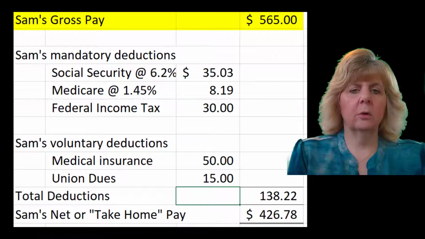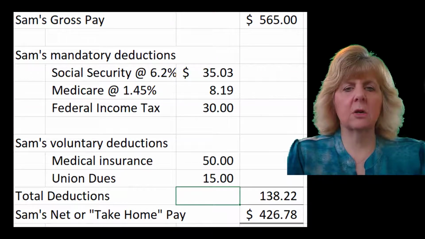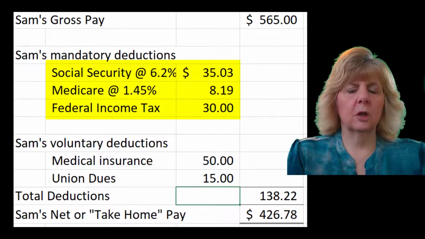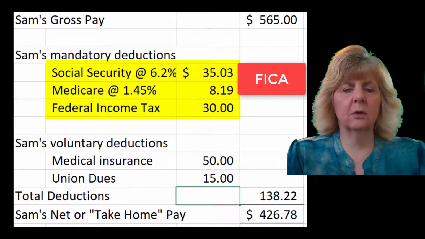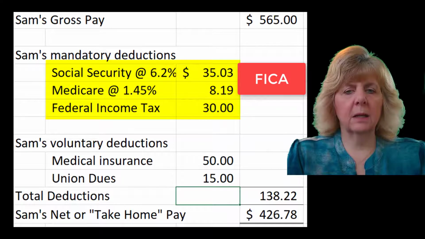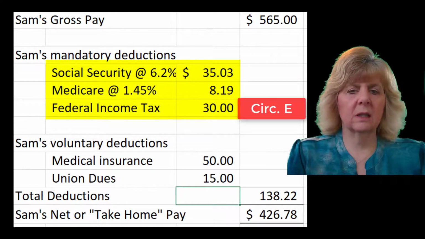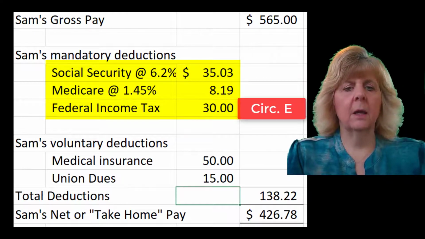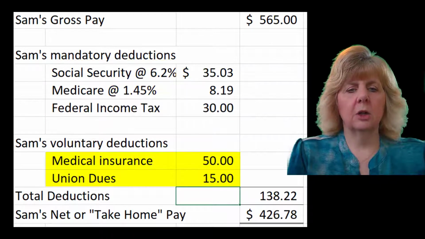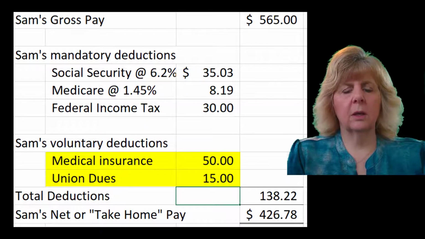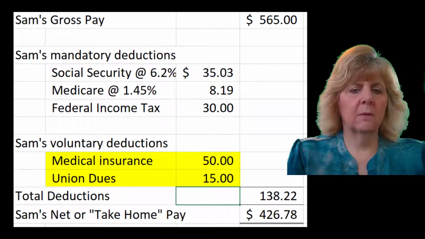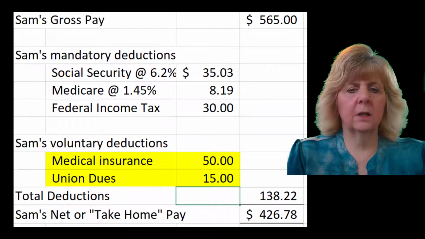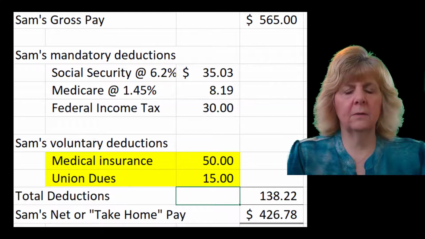We then went through and computed 3 mandatory deductions: Social Security at 6.2% of his gross, Medicare at 1.45% of his gross, federal income tax that we used a Circular E or a sliding scale to find, and then 2 voluntary deductions, things that Sam wanted to be withheld but that aren't necessarily required. Those 2 items were medical insurance for $50 and union dues at $15.